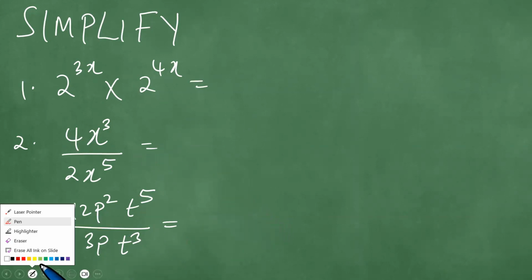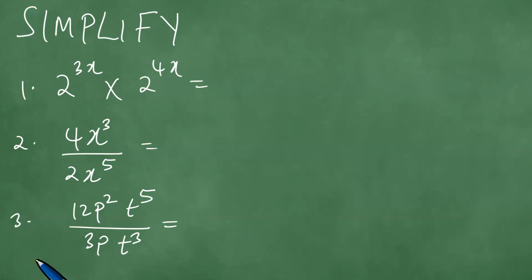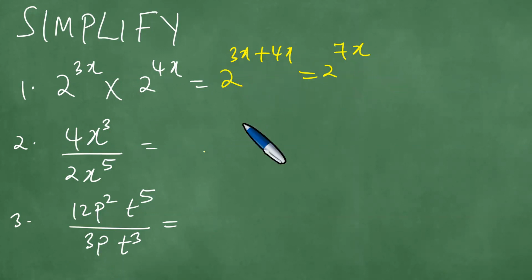2 to the power of 7x. Well done. So it is 2 to the power, you add these two, so that's going to be 3x plus 4x, which is 7x. Okay, what is the answer to number 2? You take out 2 from 4, so you divide 4 by 2.